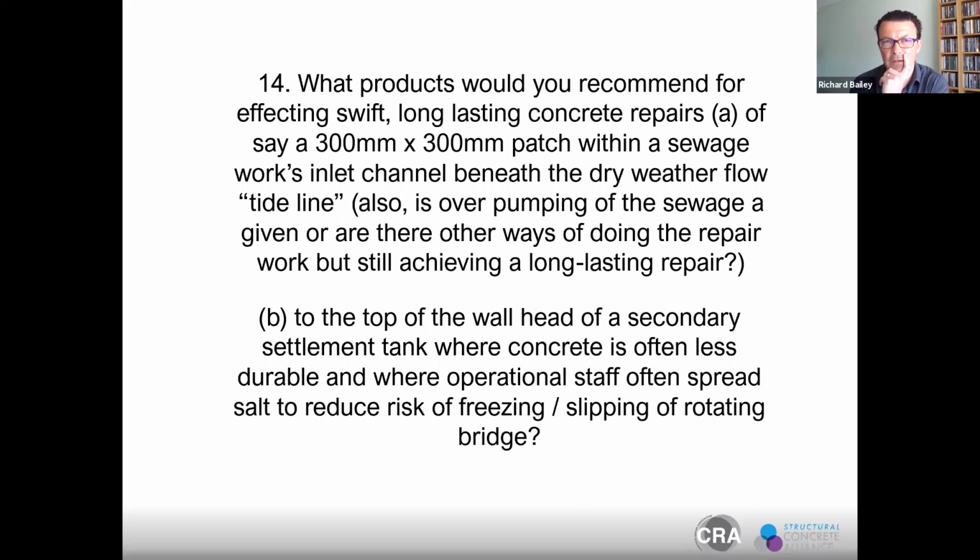But we might need to look at other products if we're talking about a limited possession period inside a tank where we've got to move very quickly from one operation to another. But certainly, it's the surface preparation and repair in the most traditional sense that is needed first to restore the integrity and the profile of the tank, of the structure, before the lining goes on.